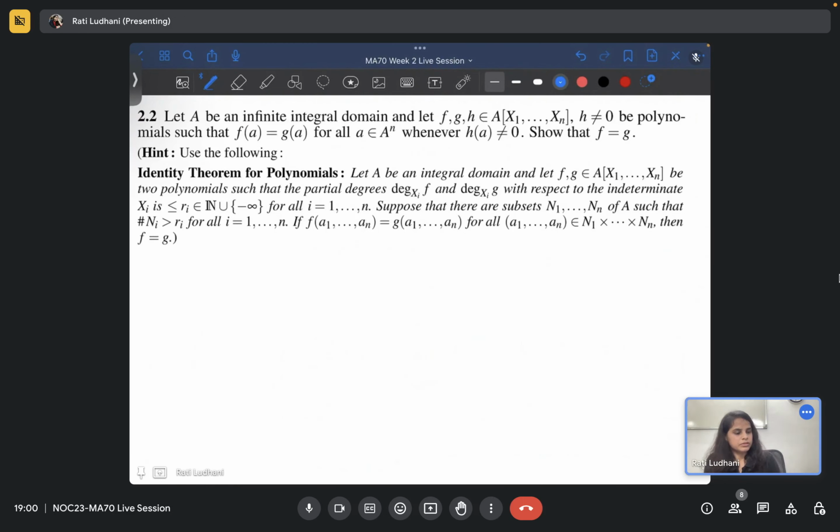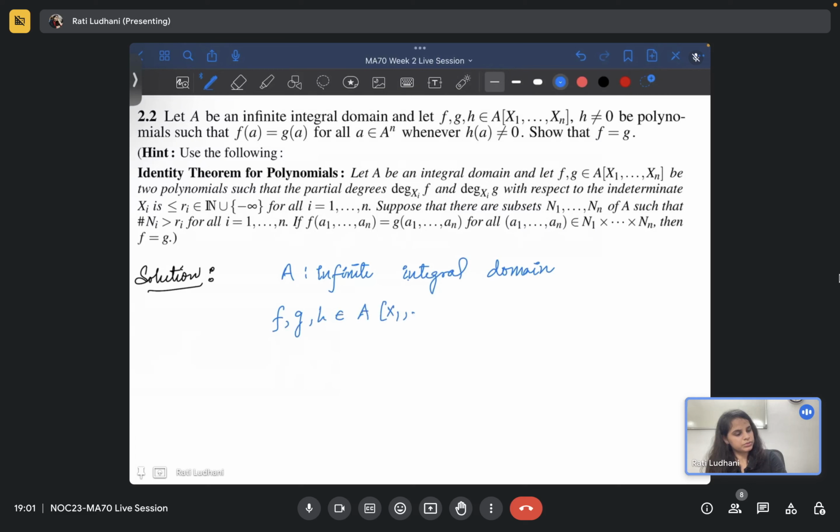Okay, let A be an infinite integral domain. And f, g and h belong to A[x1 to xn], and h is not equal to 0.